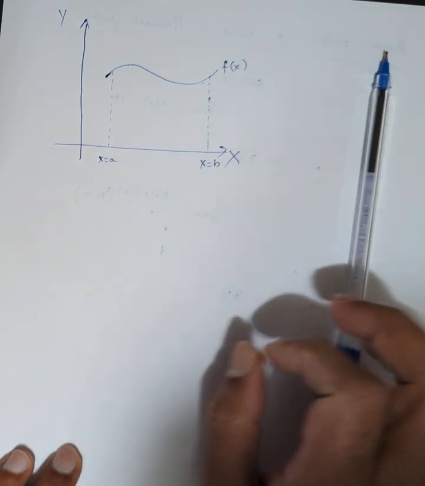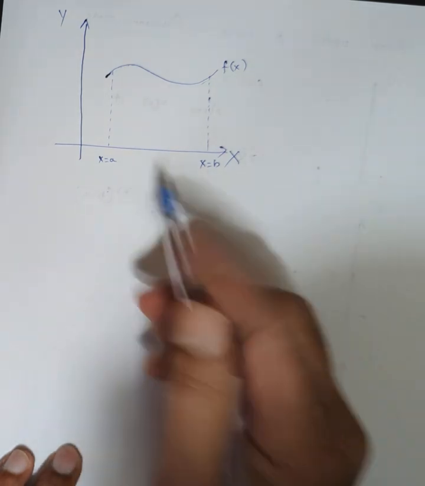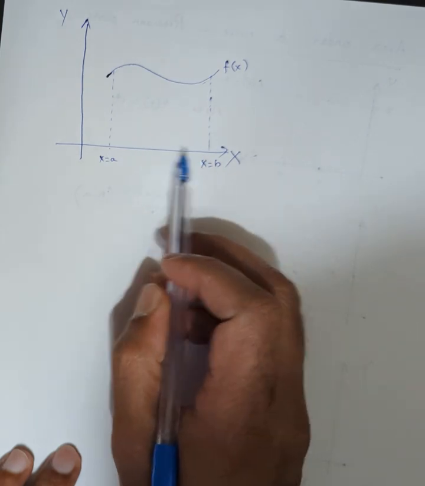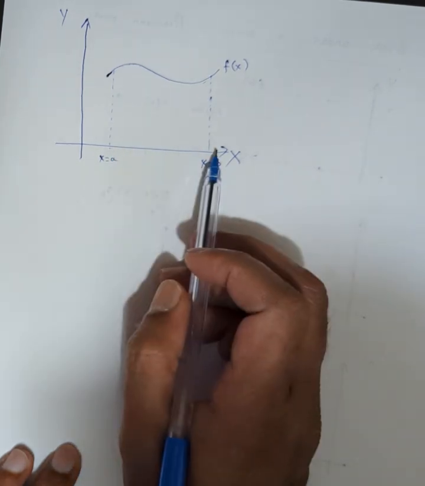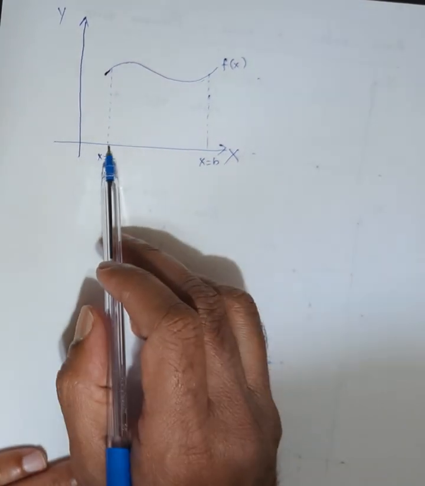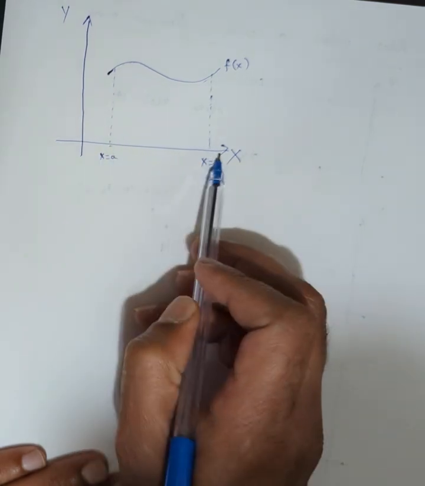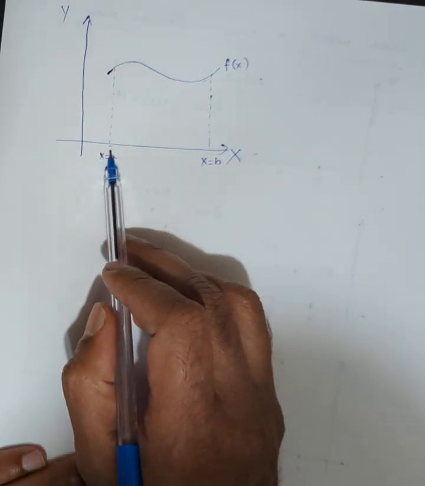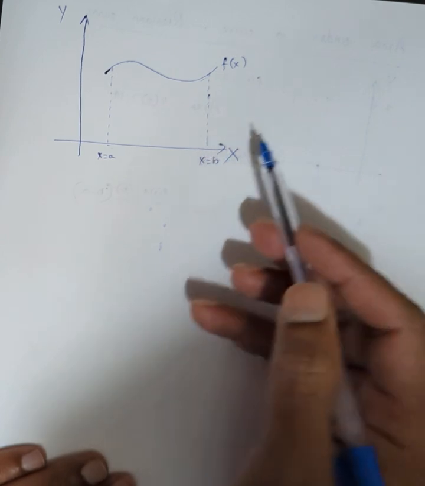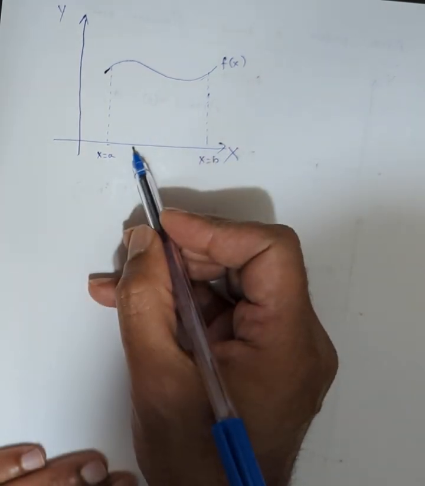The idea of Riemann sums is to split this into a small number of subintervals. The total length of this interval is b minus a because it goes from x equal to a to x equal to b.